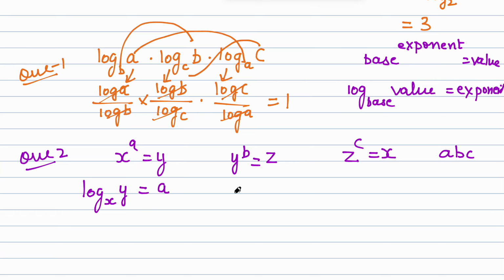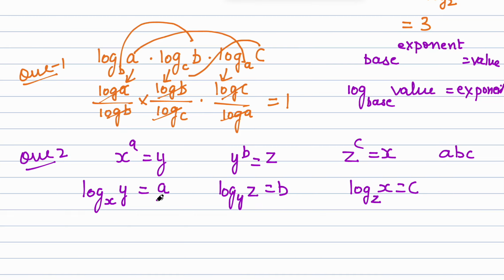Okay. Now the second one, again log. This y is here, this value is here, that is equal to b, log base y of z equals b. Log base z of x is equal to c. Now I have a, b, c, right?